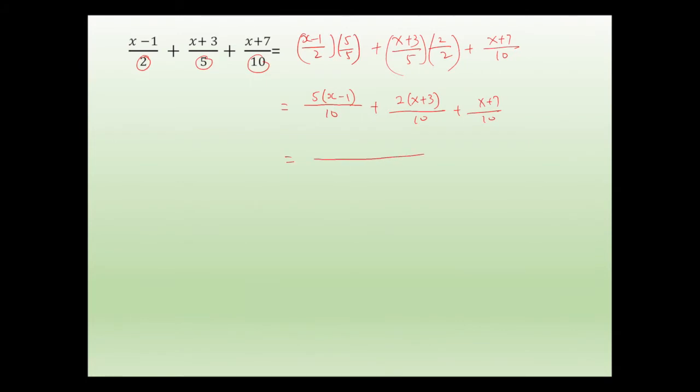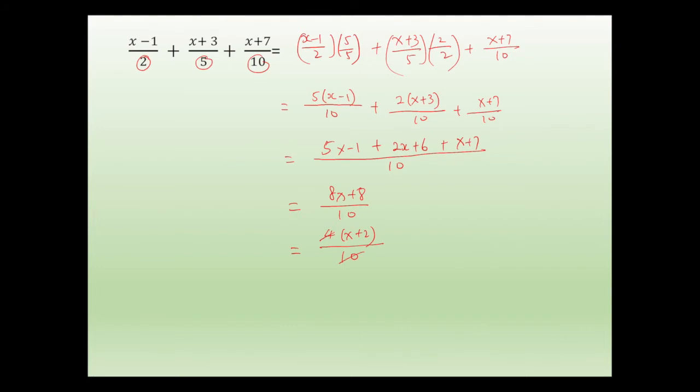Alright, therefore, writing everything with one common denominator, 5 times x minus 1, expanding, 5x minus 5, plus 2x plus 6 plus x plus 7. Therefore, that equals 8x plus 8 over 10. And we can actually simplify this by taking the 4 out.